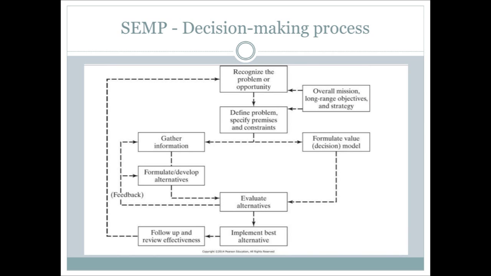We continue this loop back and forth and look at the feedback from each one of those decisions. Only after that process is complete can we look at implementing the best possible solution. And once we implement that solution, we should follow up and review its effectiveness, hoping that the results are what we expected. And the process will continue over and over again, refining and improving on that result.